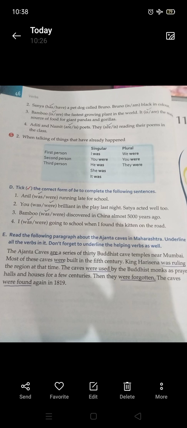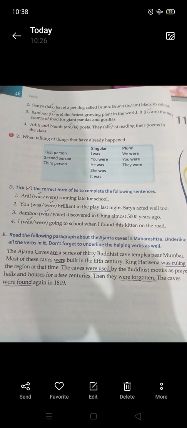It is the main source of food for giant pandas and gorillas. Aditi and Namit are poets. They are reading their poems. For past actions we use was and were.